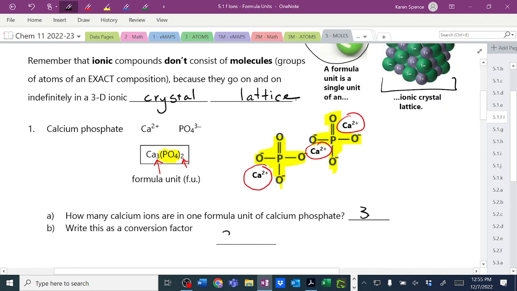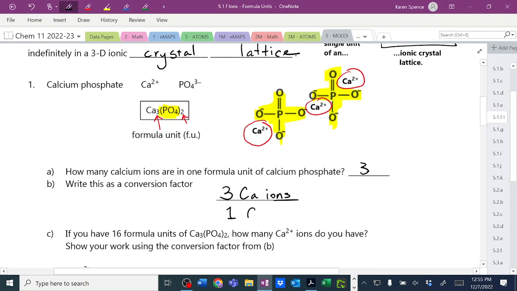There are 3 Ca ions in one calcium phosphate formula unit. And you can write formula unit, you can write molecule, or you can just write the formula. Okay?